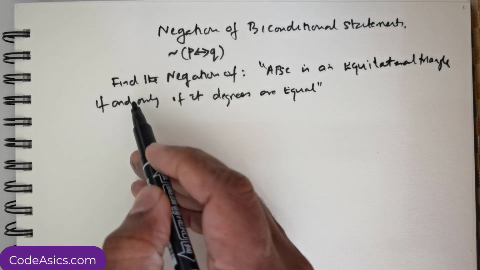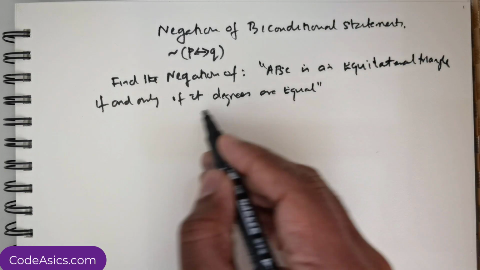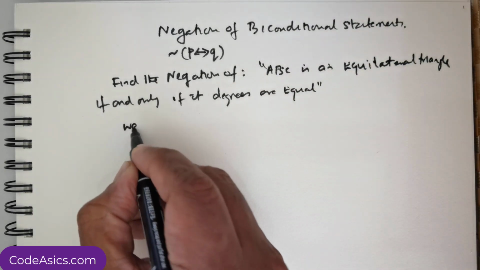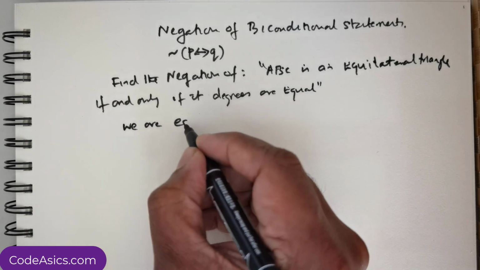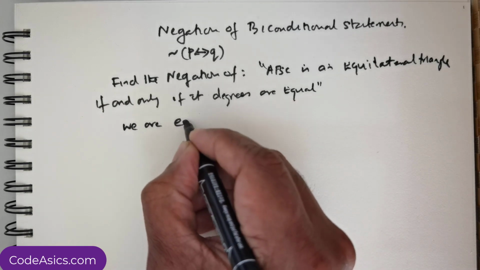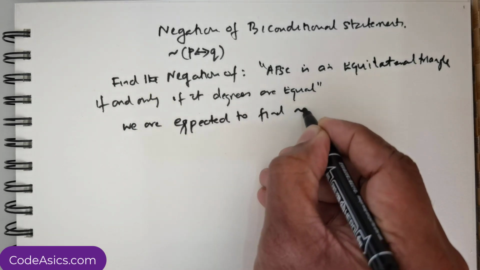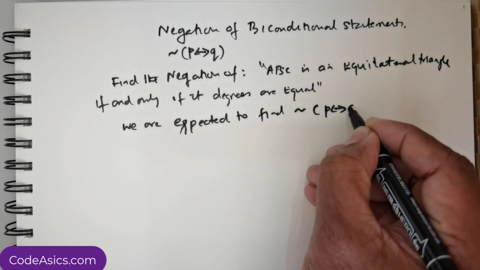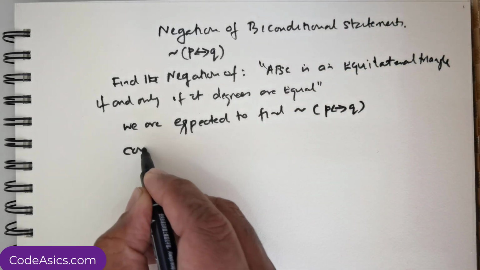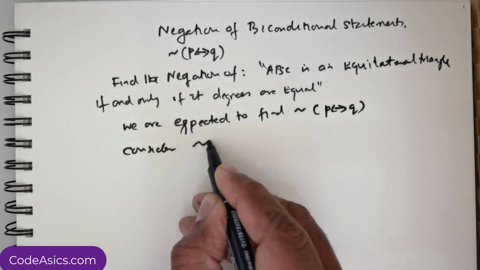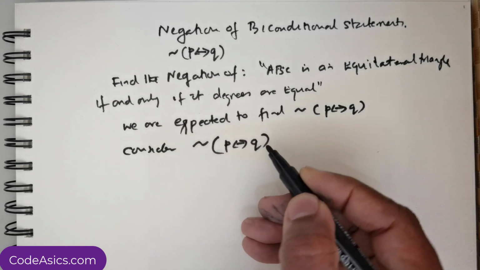Well, what I wish to do is take this part as P and this part as Q, and then we are expected to find the negation of this biconditional. So first I will consider the negation of the biconditional statement.